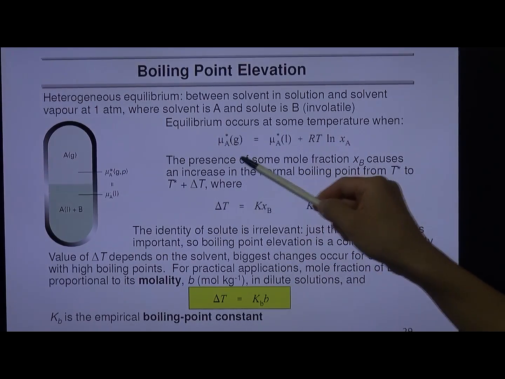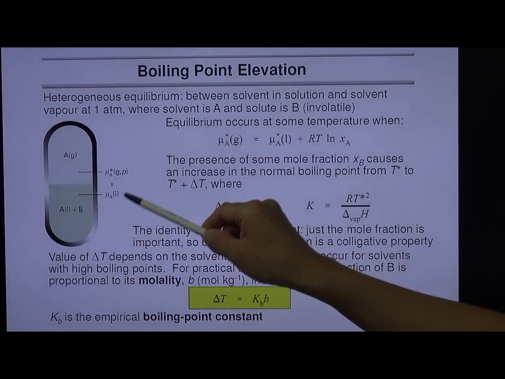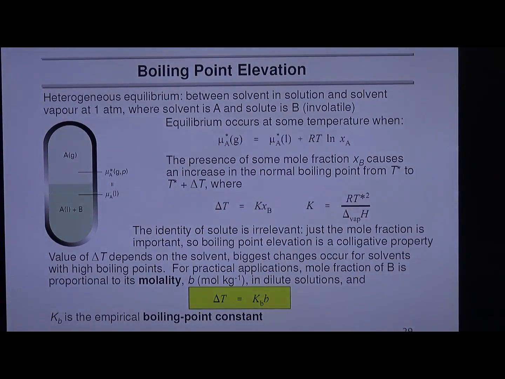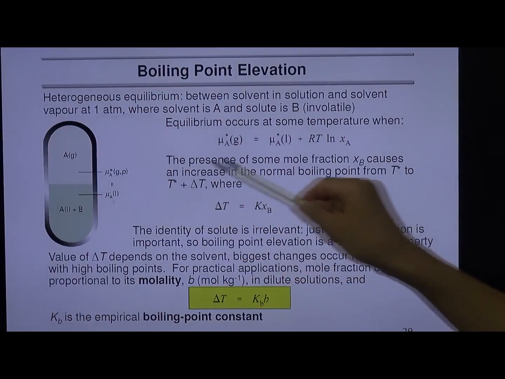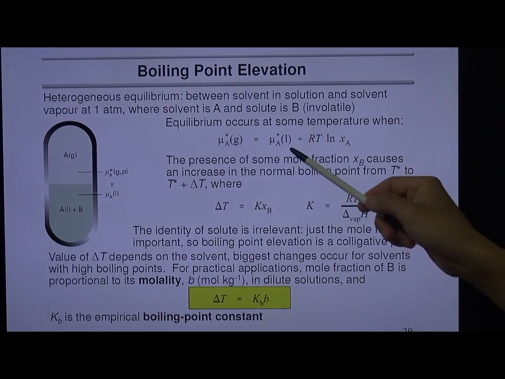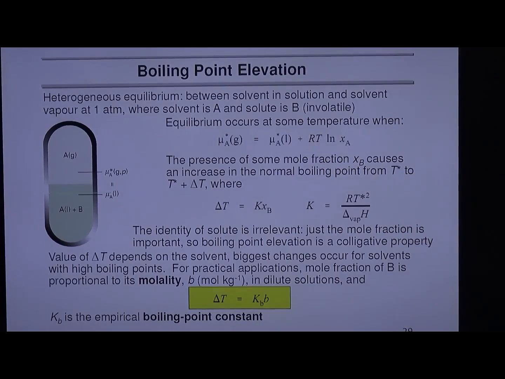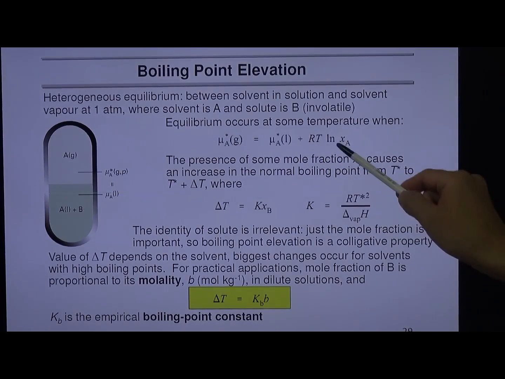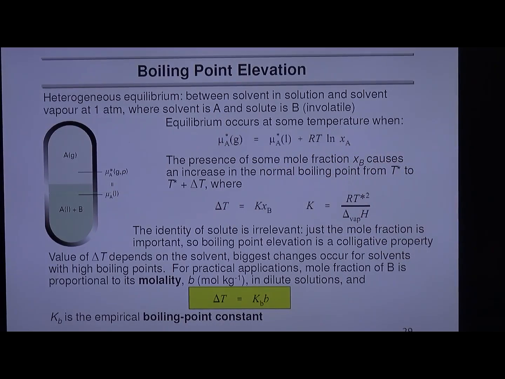It should be the same as chemical potential of liquid A in the solution, which for an ideal diluted solution is mu A star L plus RT ln XA. And from this simple statement, we can derive how much temperature elevation we experience. So let's do the derivation.